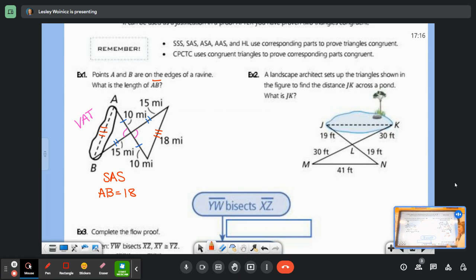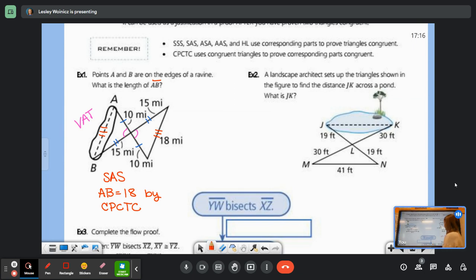The length of AB, this is the measure of AB, but we're talking about the segment AB there. So that's how we would use it. So AB is 18 by corresponding parts of congruent triangles are congruent. So it's only after we've used side, angle, side to say the triangles are congruent that we can use that.